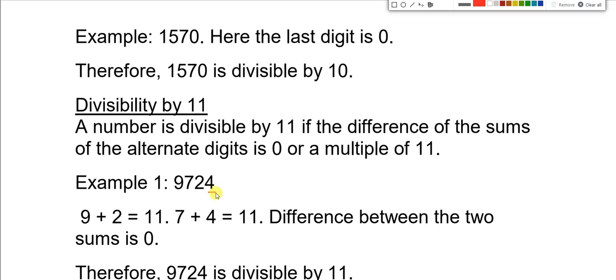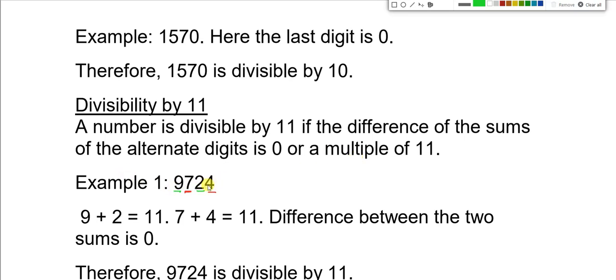Here 4 and 7 are alternate digits, and 2 and 9 are alternate digits. So the rule says a number is divisible by 11 if the difference of the sums of the alternate digits is 0 or a multiple of 11. Multiple of 11 means it should come in the table of 11.